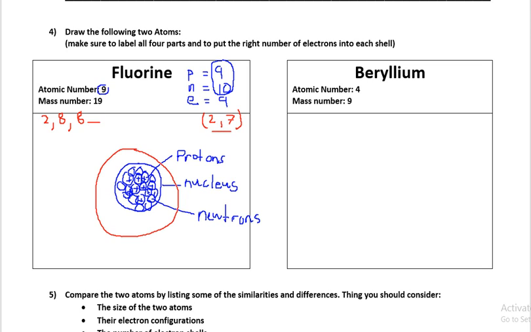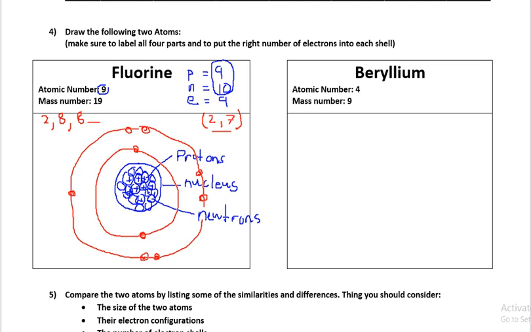We fit 2 in the first shell, and we start to fill up the second shell, but we've only got 7 left, so this is 9 total. So I put 1 here, and I put another ring, and this ring has 1, 2, 3, 4, 5, sorry, I should have put another one there, 6, and 7. So 7 in that outer shell.